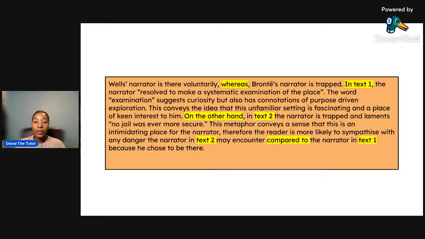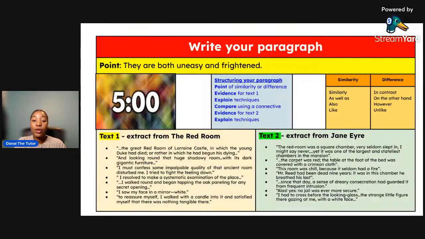So you are building up and using everything that you've used so far in this comparison question. Notice as well in my concluding sentence, I've also compared the effect on the reader, okay? I've compared the impact that this has on the reader. The fact that we might sympathize with Jane Eyre in text two because she's forced to be there compared to the unnamed narrator in text one.